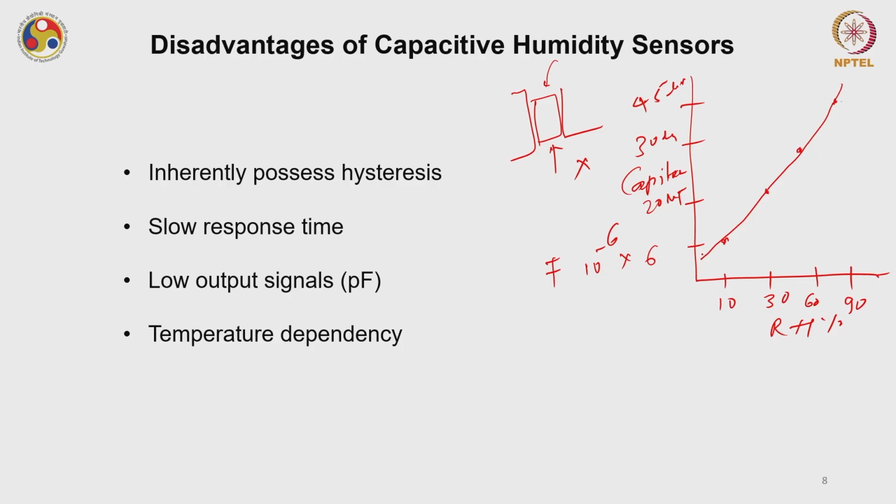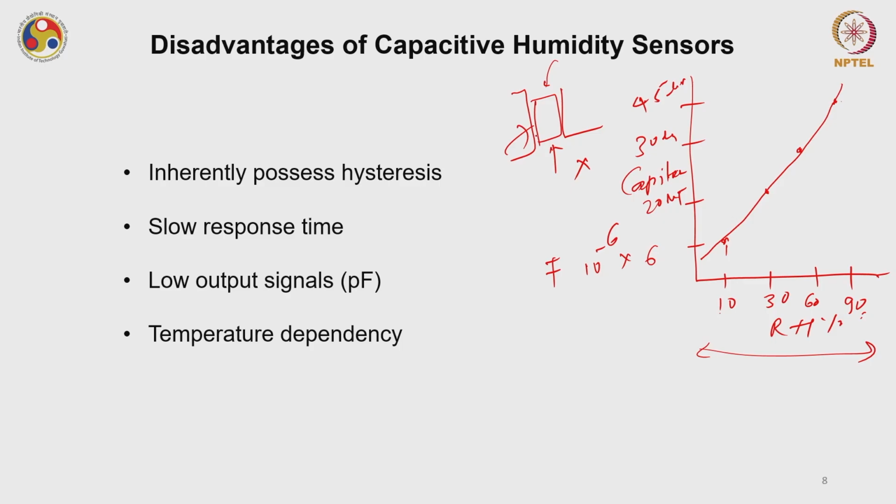What happened is that when you subject your device to this high humidity condition, and not only high humidity but continuous humidity, if you subject this device continuously to humidity, when you increase from 10 to 30, at 10 it was working perfectly fine, but at 30 this polymeric film has a tendency to absorb some moisture.